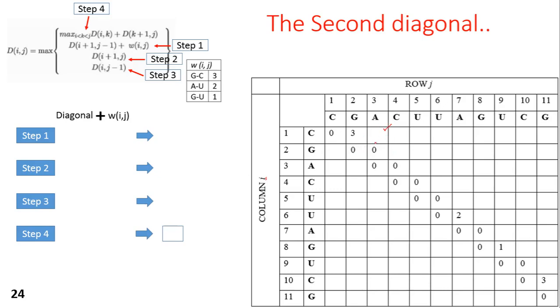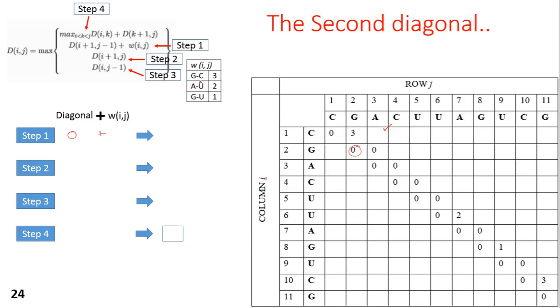Now what is present in its previous diagonal box? This value 0, the diagonal value would be 0. Now let us see if we can add the weight value. This box corresponds to base pairing of A with C. So do we have any weight value when such base pairing occurs, A with C?